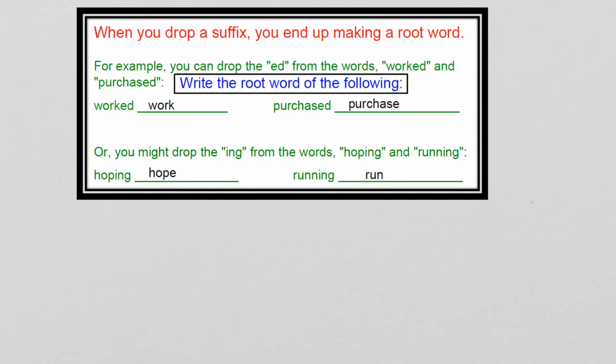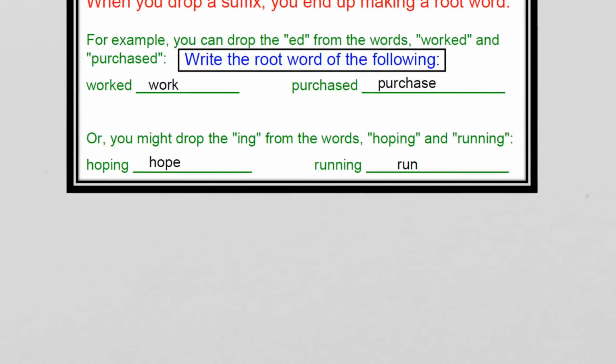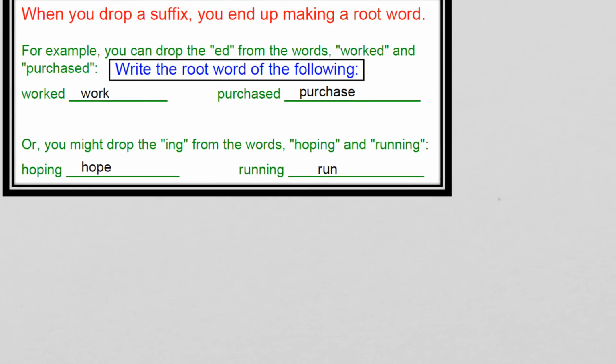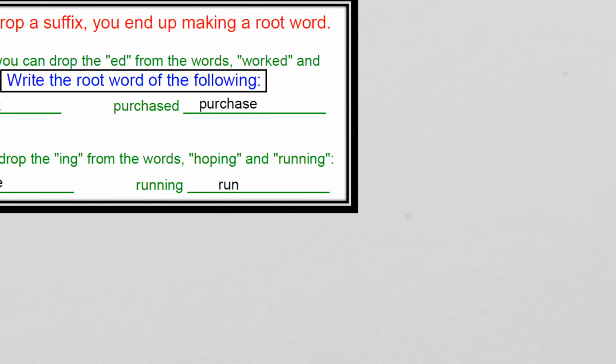Right? So the instructions here would be write the root word of the following. So you'd get worked and you'd have to drop the ed. You'd have to drop the suffix and you'd get work. Or you'd start off with purchased and you'd end up with purchase.